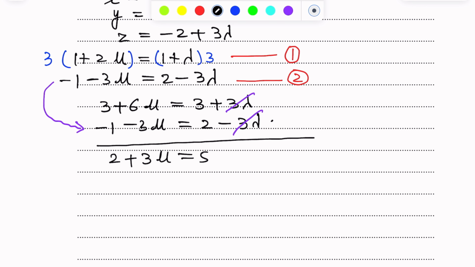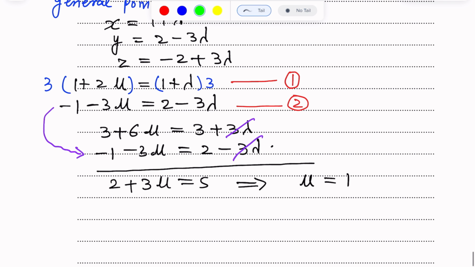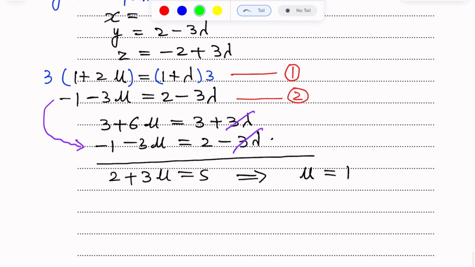From here we get the value of mu is 1. Now putting this value of mu, 1, in equation number 1; in any equation you can put this value of mu. We are putting this value of mu in equation number 1.